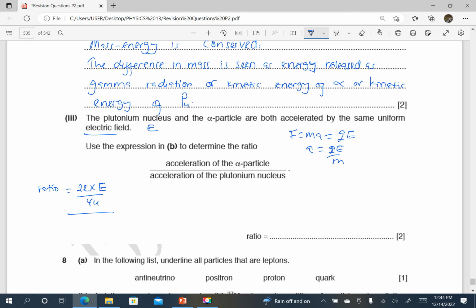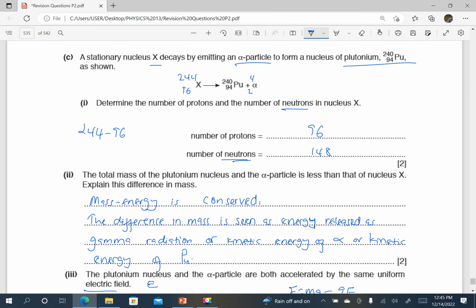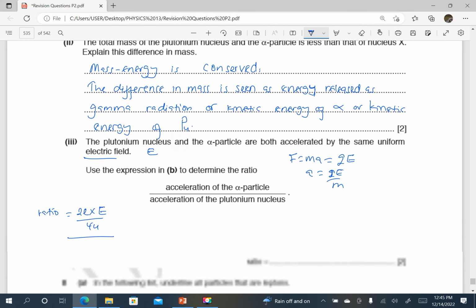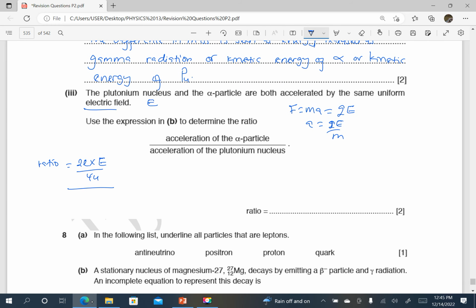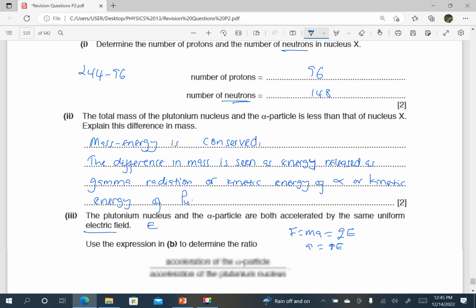Divide by acceleration of plutonium. The charge of plutonium, I think is 90. Plutonium is 94. So the charge is going to be 94e. Electric field strength is E over the mass. Nucleon number is 240.